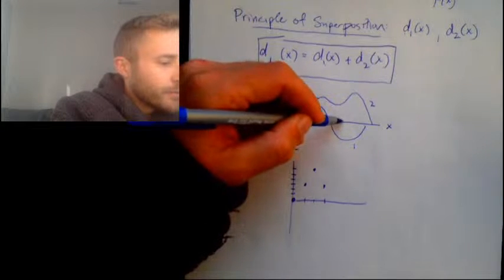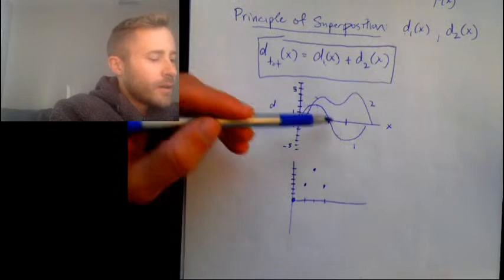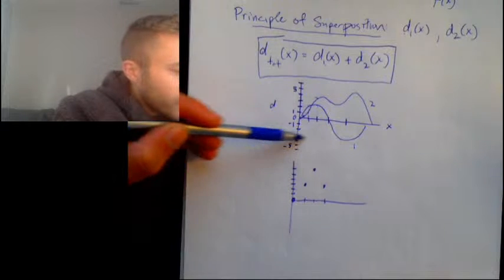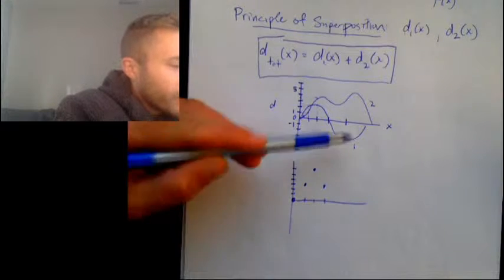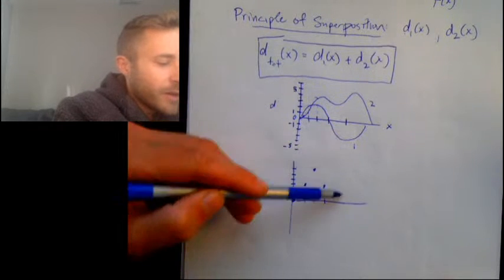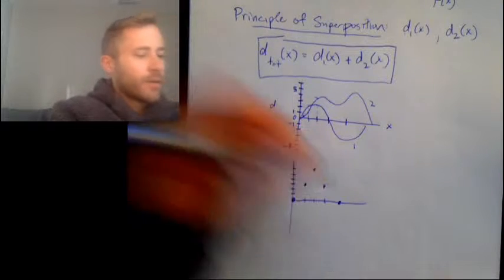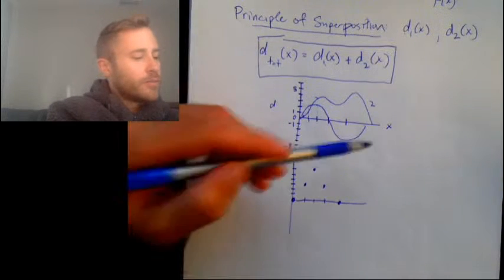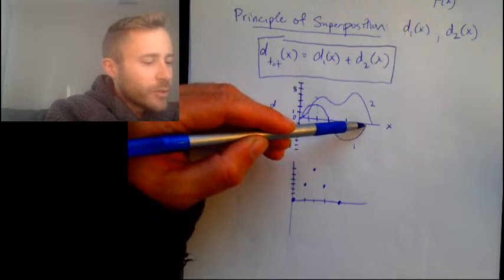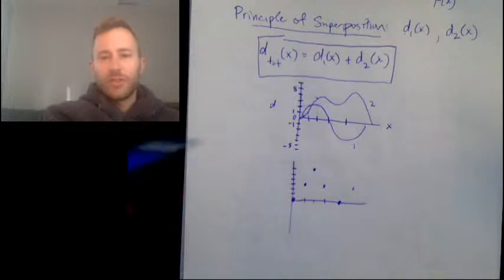I'm just picking some random spots here. Here wave 1 is roughly -3 and wave 2 is roughly +3, so when I add them, I get 0. And then here wave 1 is equal to 0, wave 2 is equal to 3, so I add them up and I get 3. So this is just an example.